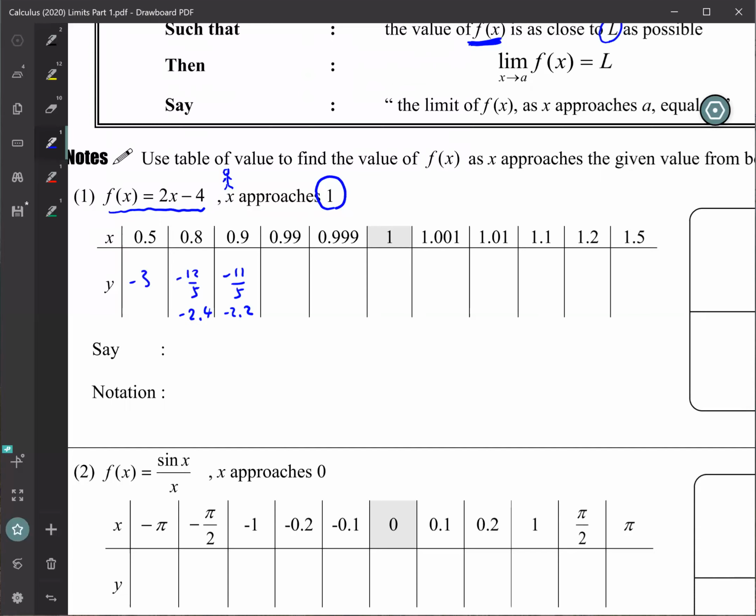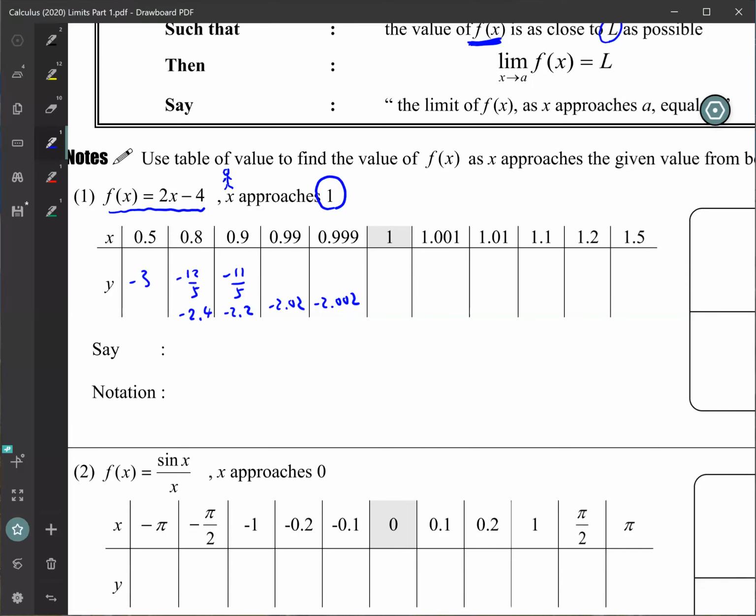Okay. I have -2.02, -2.002, and then -2.